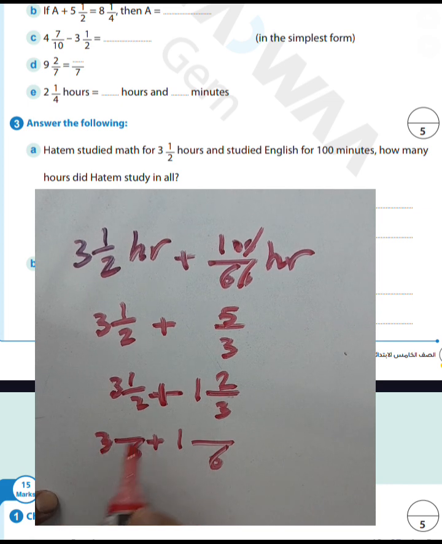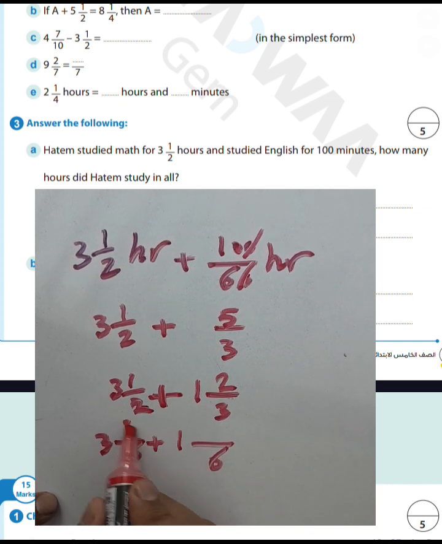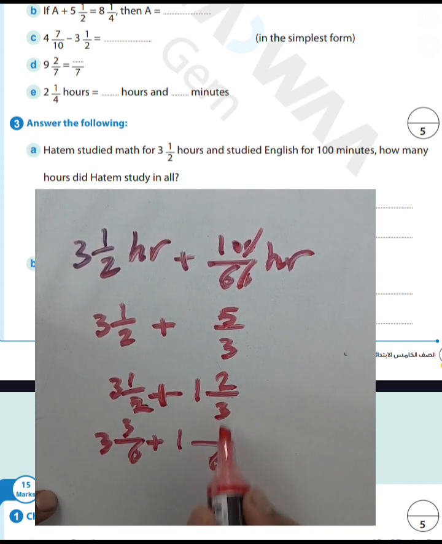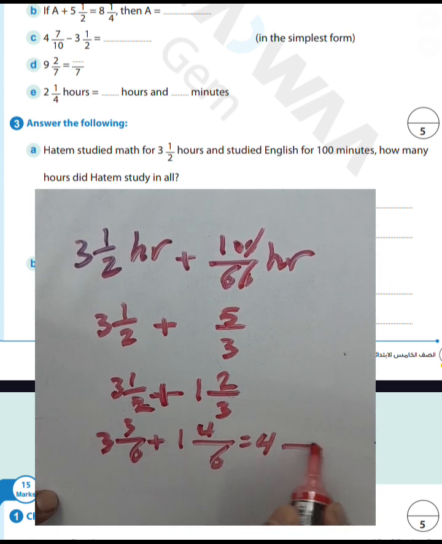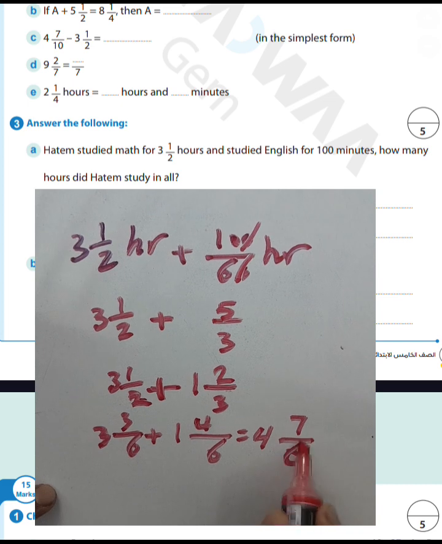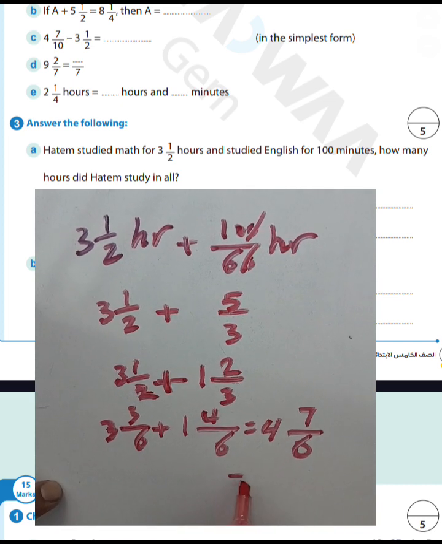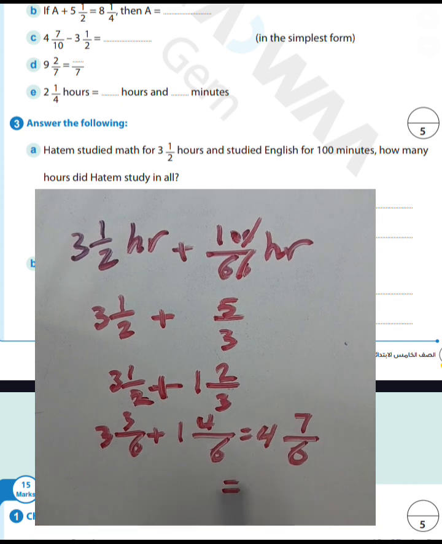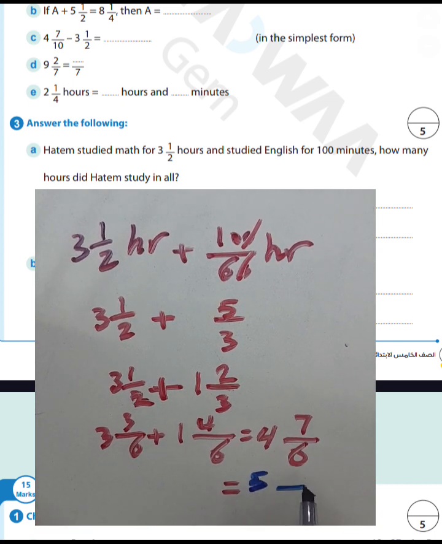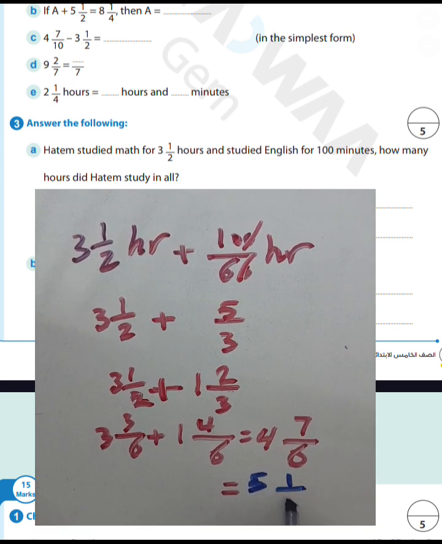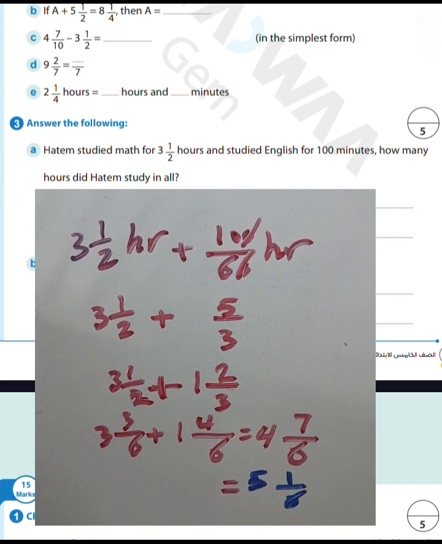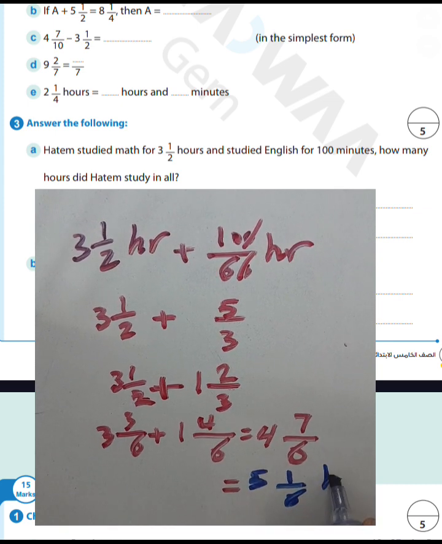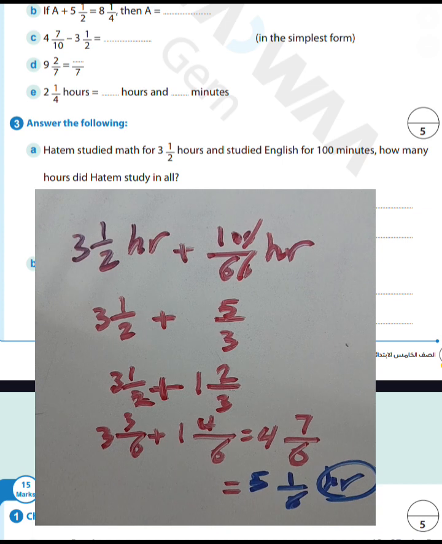Here, 2 times 3 equals 6, 1 times 3 equals 3, 3 times 2 equals 6, 2 times 2 equals 4, and write 3 plus 1 equals 4, and 4 plus 3 equals 7, 7 over 6. You can simplify this 7 over 6: 7 divided by 6 equals 1, and the remainder 1. 1 plus 4 will be 5, and the remainder 1. Okay, the result will be 5 and 1 over 6 hours. Okay, understood?